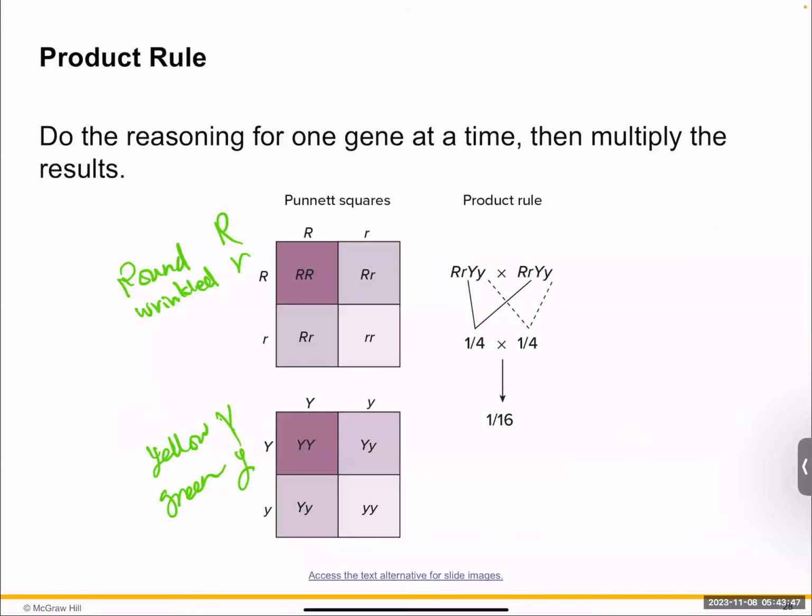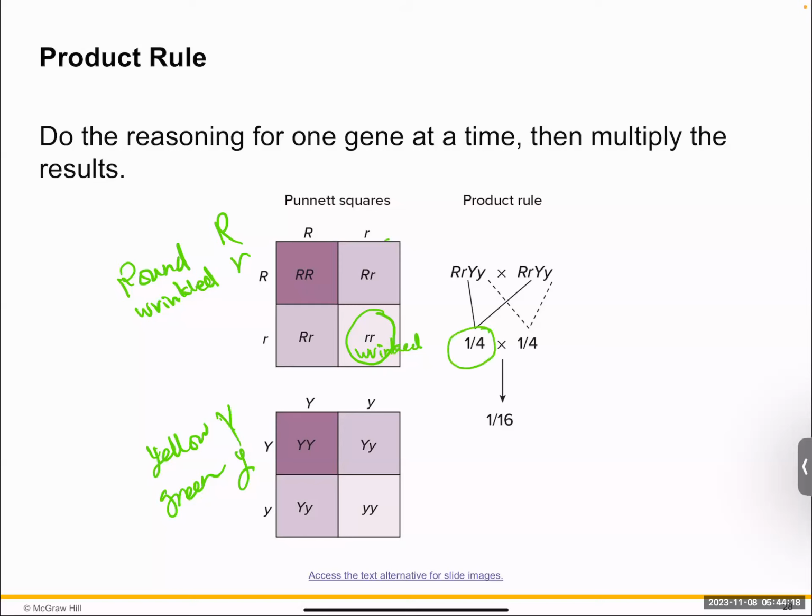So again, if it's not clear, let's take a look at it. I'm going to do a Punnett square for the shape, and then a Punnett square for the color. When I do my Punnett square for the heterozygous dominant parents, I figure out that 1 out of 4 chances is a wrinkled seed, because the rr genotype is the only one that's going to give me a wrinkled seed.